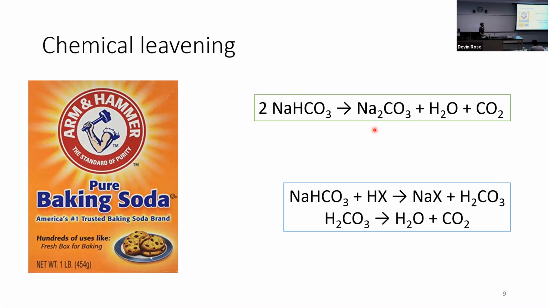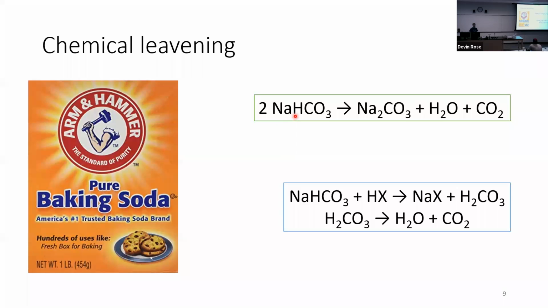All right, so moving on to a new topic here, chemical leavening. So we're going to talk about a base that's added to food now. So first of all, baking soda, that's just sodium bicarbonate. So all it is is this chemical sodium bicarbonate, which has this formula here.